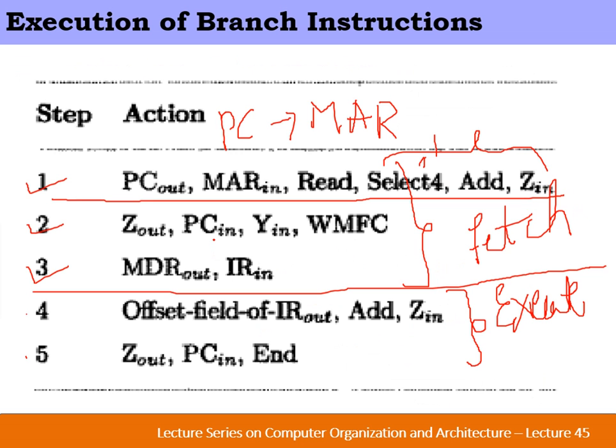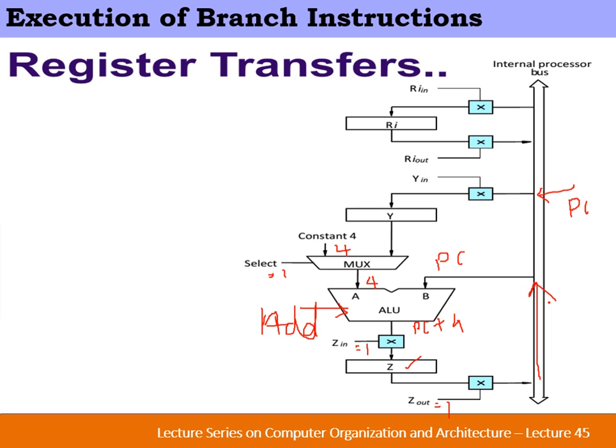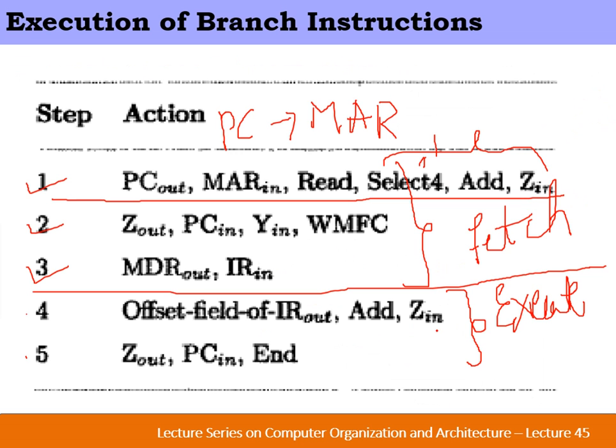And making PC in equal to 1, the new updated value gets stored in the program counter register. Consider this as the program counter register. This new updated value will get copied into the program counter.